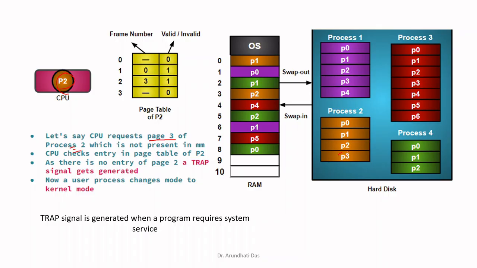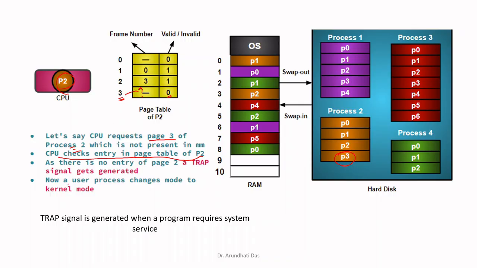So page number 3 is this one. The CPU will check the entry in the page table of process 2, and check the valid-invalid bit. It's 0, that means it's not loaded yet.